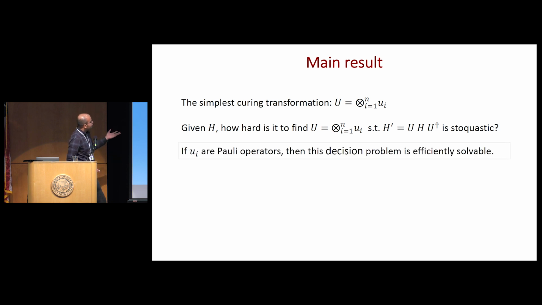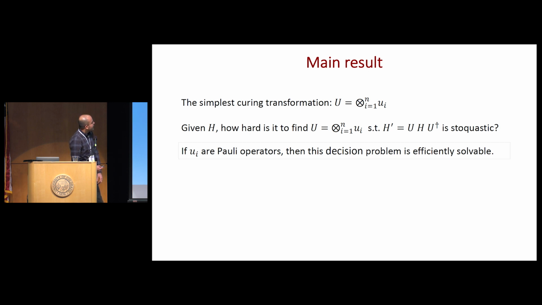It's straightforward to show that if the U_i are Paulis, this decision problem is efficiently solvable because you can just expand the Hamiltonian, let's say each of the local terms in Pauli basis, and conjugating a Pauli with Paulis only changes a sign. You can just write down some linear set of equations and find the right conjugation, which can be done efficiently because it's basically a linear system of equations.